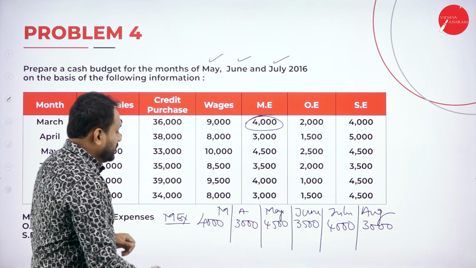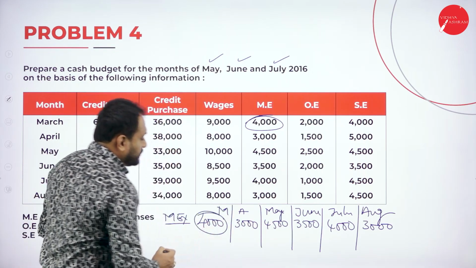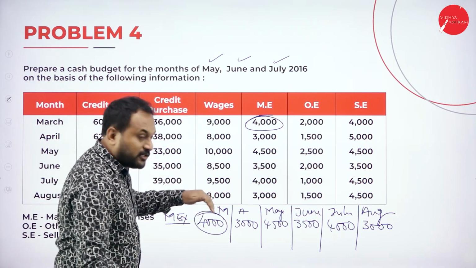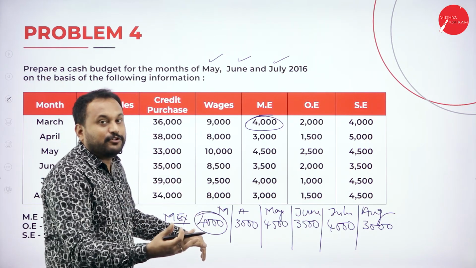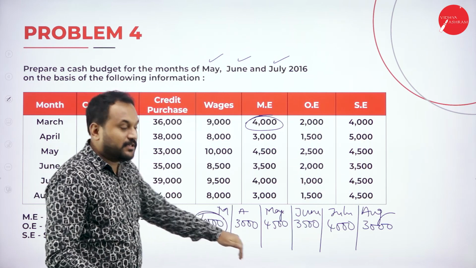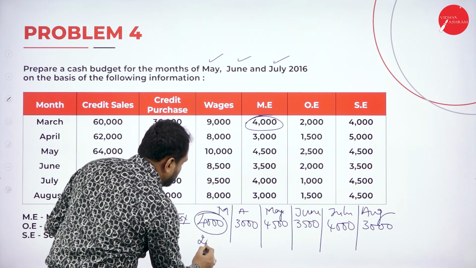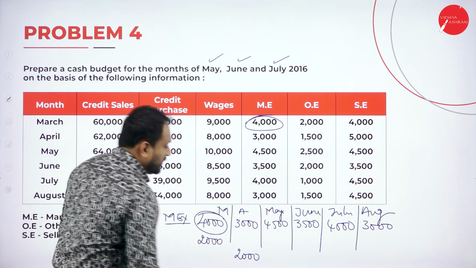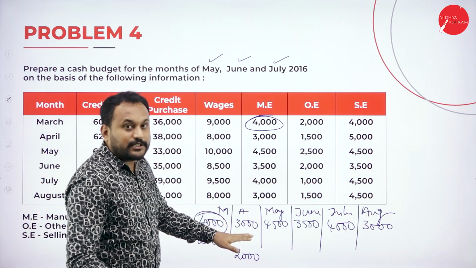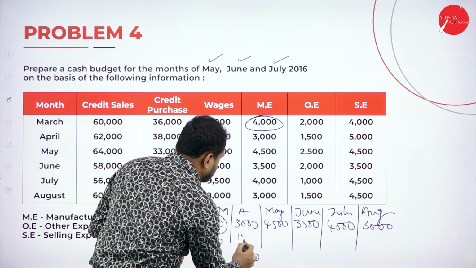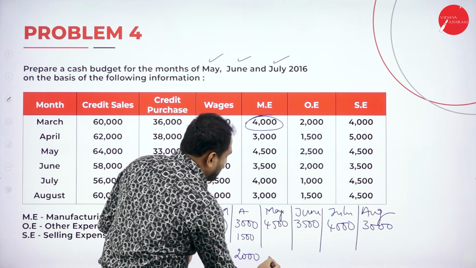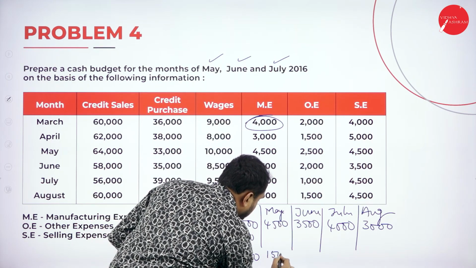Half a month. Of 4,000, half you will actually pay in the month of March, and the next half you will pay in the month of April. So 2,000 you will pay here, the next 2,000 you will pay here. Same way here, 3,000: you will pay 1,500 here, and the next 1,500 you will pay in the next month.